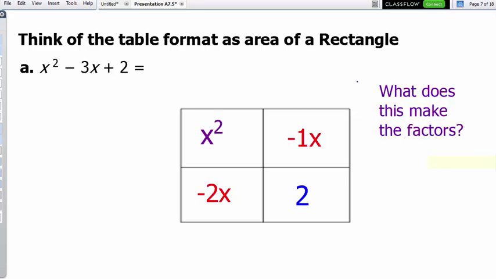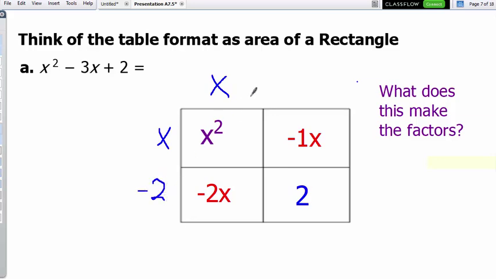So if we have this, what does that make our factors? Well, our factors have to be up here and across the side here. And we already know that we're going to have an x here and here. And what we need is a factor to go here.